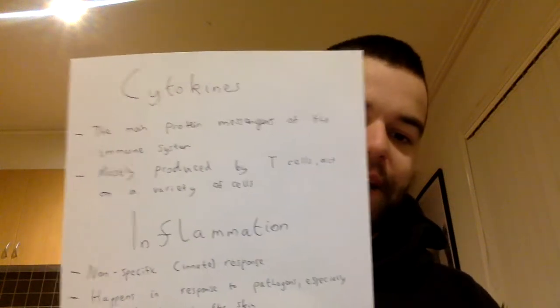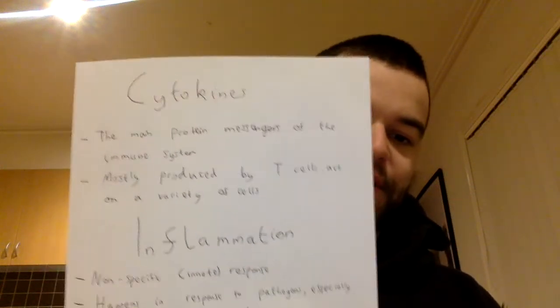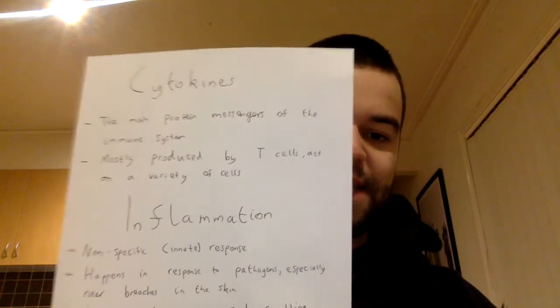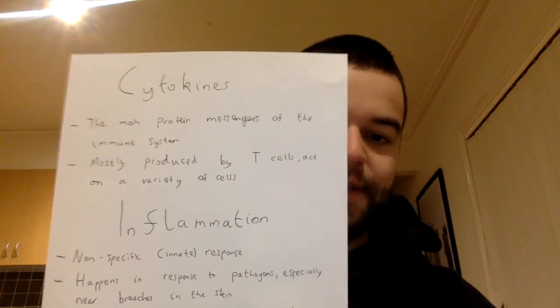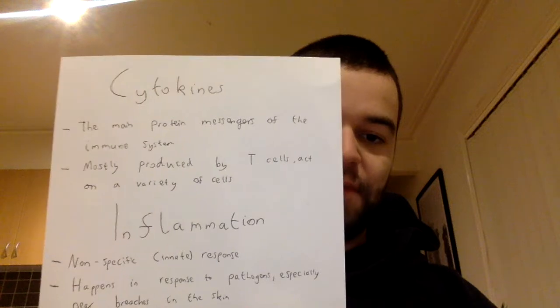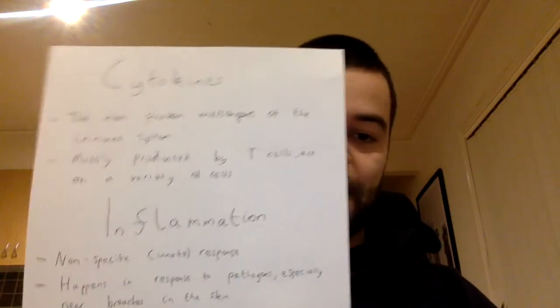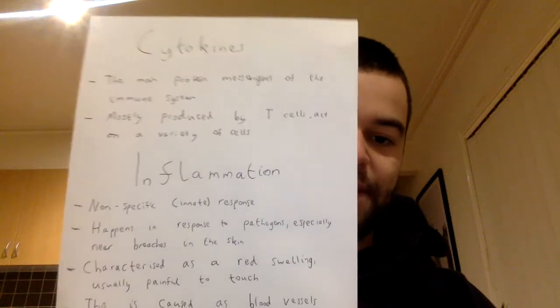Now on to inflammation. Inflammation is a non-specific response, and it basically involves ensuring that when an infection happens, white blood cells can quickly get to an area. It happens in response to pathogens, especially breaches in the skin. Inflammation is commonly associated with when your skin may have been breached, and it's a sort of redness or swelling that happens afterwards.